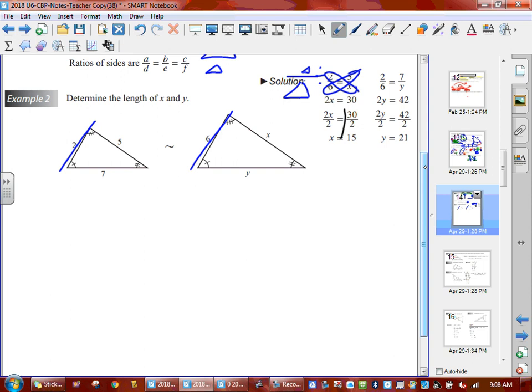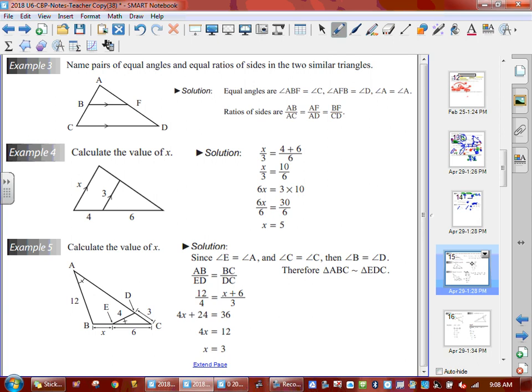They're showing 2 steps here, and that's totally fine. You can do it in 2 steps, or in 1 step, whichever you prefer. Okay? So, again, they cross-multiplied, and then they divided right here, and they got their answers. So that means this guy should be a 15, and this guy should be a 21. Okay? Those are the answers they're getting.